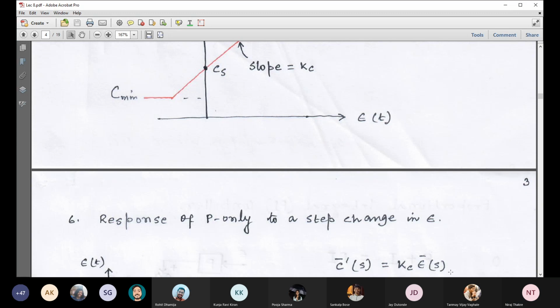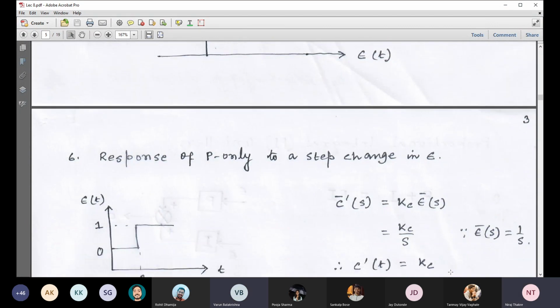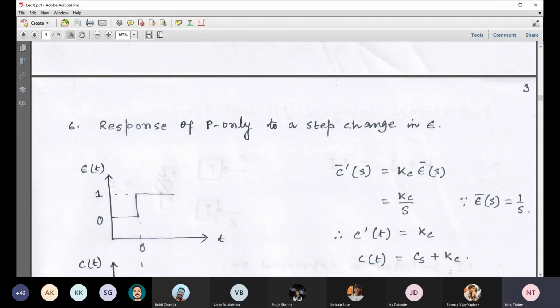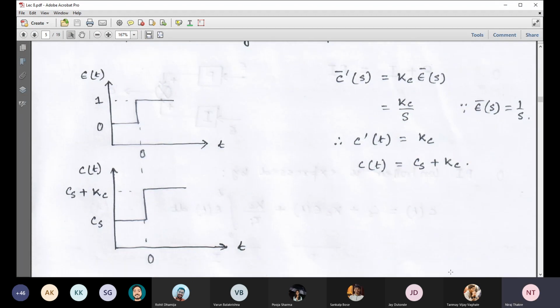Sir, Kc. Yes. What's your number? Sir, 30036. Yes, Kc. If we consider 1 by S, C prime equal to Kc. And you see in the left side the graphical representation of this fact. In the first plot, we are introducing a unit step change in error signal. In time domain, it is 1. Okay.